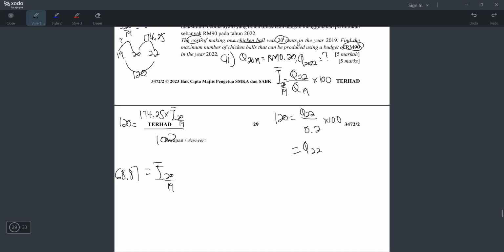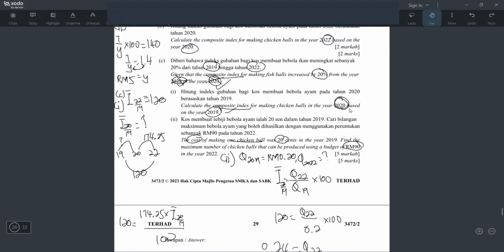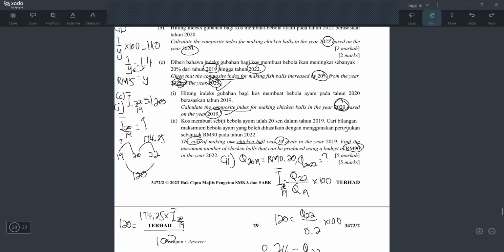Okay, if this one is 0.24. Okay, let's read the question one more time. The cost of making one chicken ball. One. So, one chicken ball, 20 cents. Find the maximum number of chicken balls that can be produced using a budget of 90 ringgit.